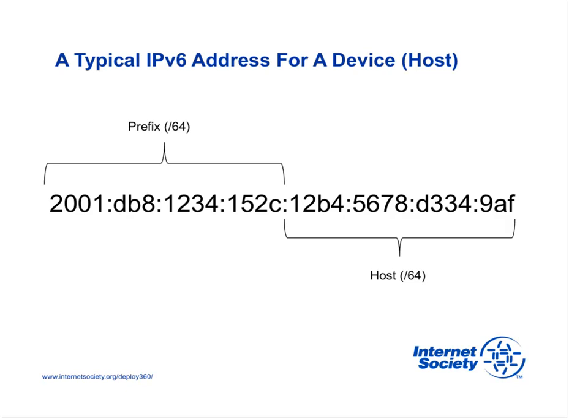And the host side is the 64 bits that is the identifier, and it could be the MAC address from the device itself, which is one way of allocating IPv6 addresses. It could be a privacy address that was assigned to it. It could be some other random address that was given to it. It doesn't precisely matter, and in this session we're not going to talk about the host addresses too much. We're going to talk about the left side, the prefix, and how that fits in.